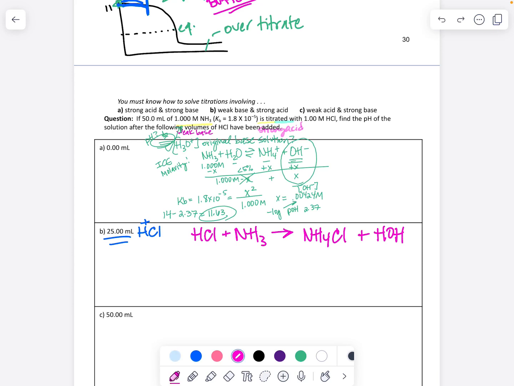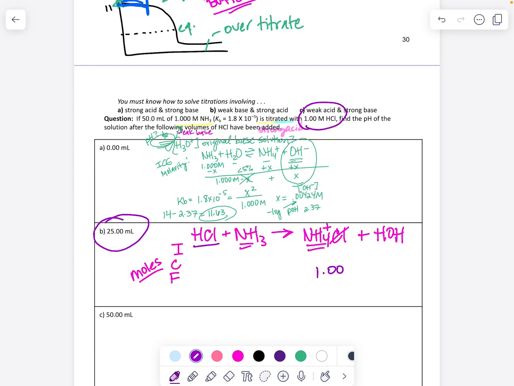Okay, so I want to do an ICF table because I need to figure out how many moles of my base remain and how many moles of my NH4 plus ion I've produced, because I will need that to do my buffer calculation. So when I do an ICF table, those are in terms of moles, not molarity. Find my initial value. So for my HCl, I have 1 molar HCl, and it says I've added 25 milliliters.